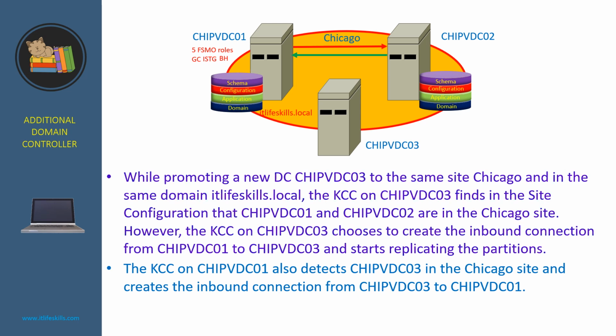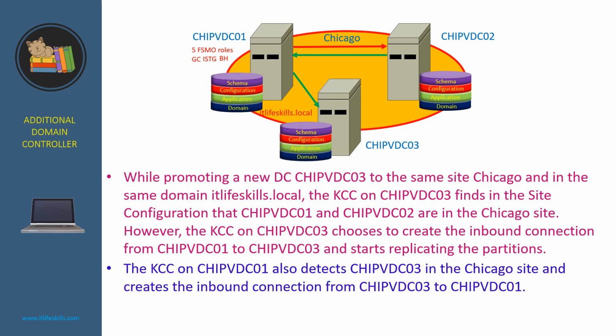While promoting a new DC, CPVDC03, to the same site, Chicago, and in the same domain it-liveskills.local, the KCC on CPVDC03 finds in the site configuration that CPVDC01 and CPVDC02 are in Chicago site. However, the KCC on CPVDC03 chooses to create the inbound connection from CPVDC01 to CPVDC03 and start replicating the partitions.